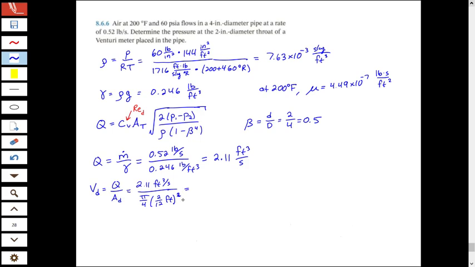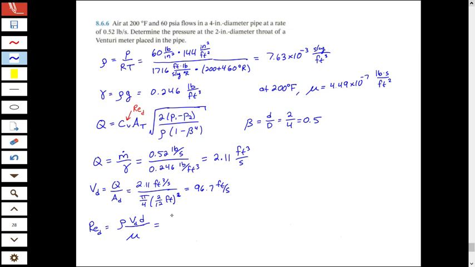You will get, through this calculation, 96.7 feet per second. And then let's get our Reynolds number for the same, rho v d over mu, and I'll put that there. And then actually, not to get confused, I will put little d here as well.